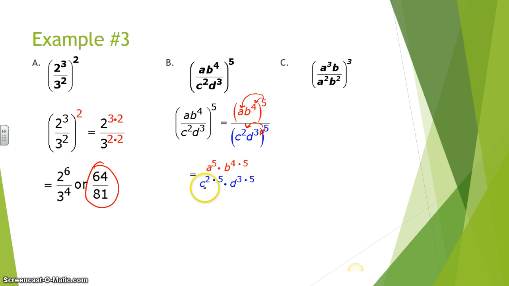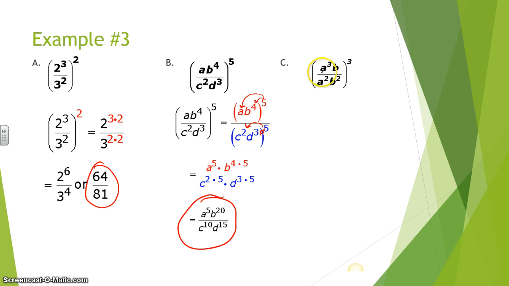For the denominator, I have c raised to the 2 times fifth power times d 3 times 5. When I simplify that down, it's going to be a to the fifth times b to the 20th, because 4 times 5 is 20, over c to the 10th, because 2 times 5 is 10, times d to the 15th, and this will be my final answer for B.